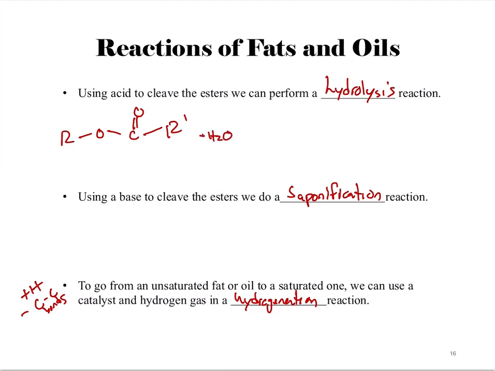So we add water in the presence of H plus acid, and we create an alcohol and a carboxylic acid. We have to consume water for that reaction to happen. So that was the general form for hydrolysis.